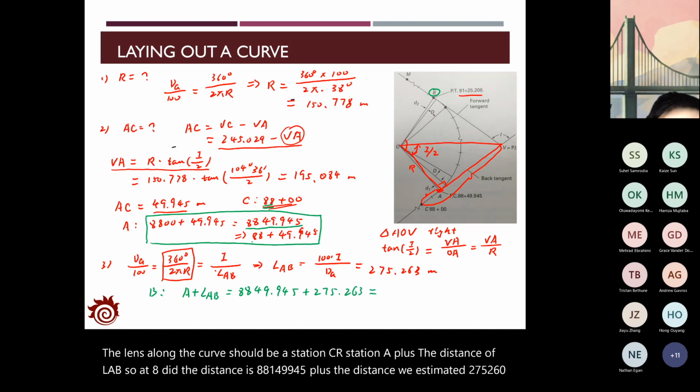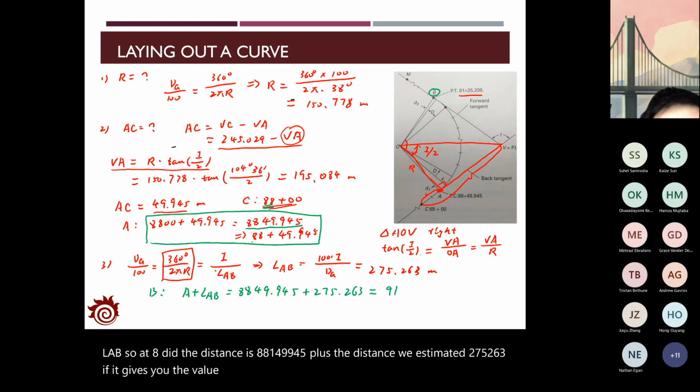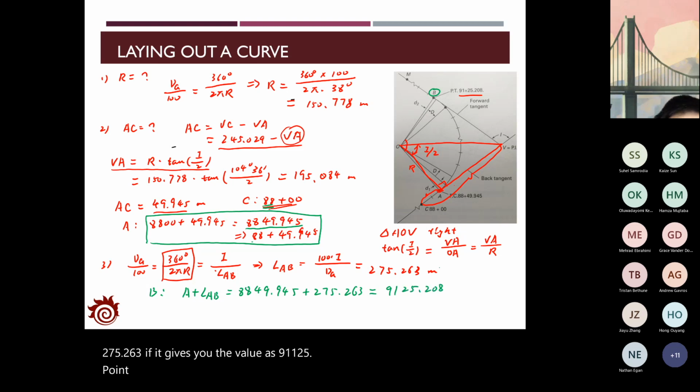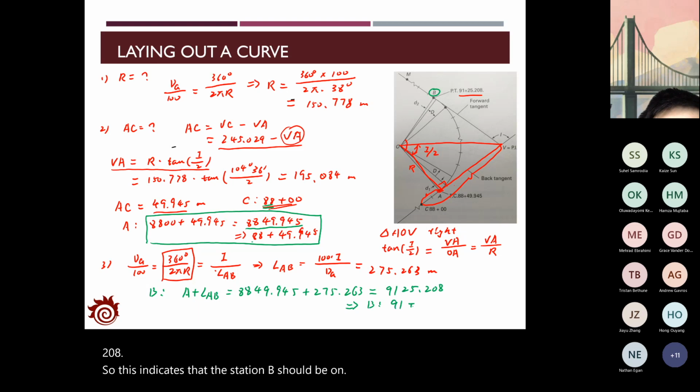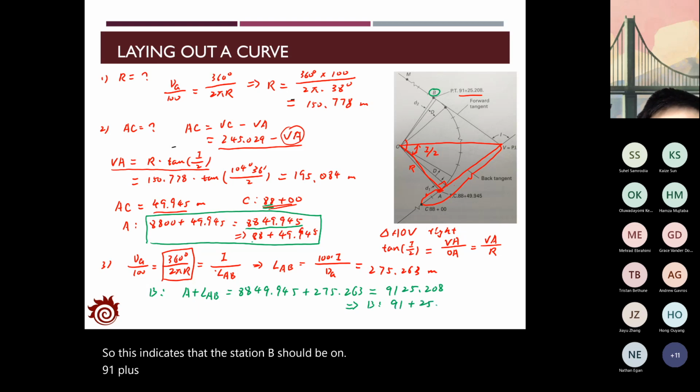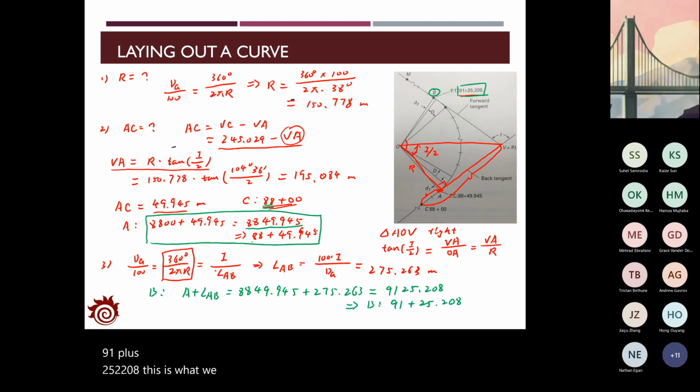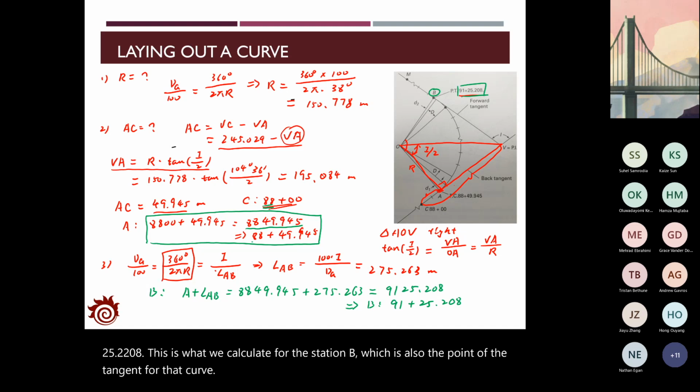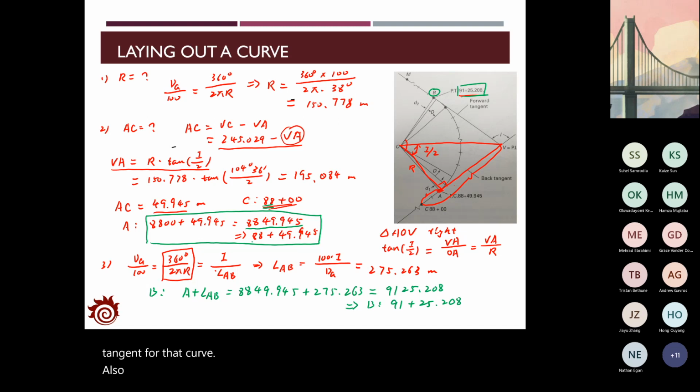It will give you the value as 9125.208. So this indicates that station B should be 91 plus 25.208. This is what we calculated for station B, which is also the point of tangent for that curve. So those are the two locations, the start and end of the curve, we have already calculated.